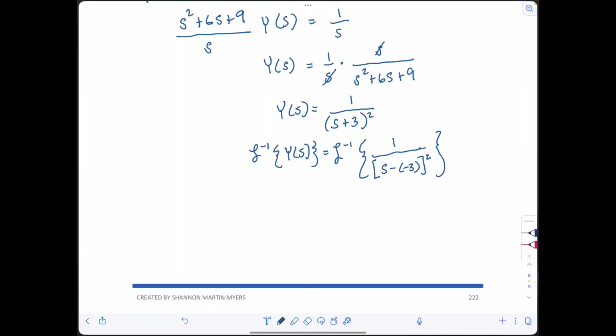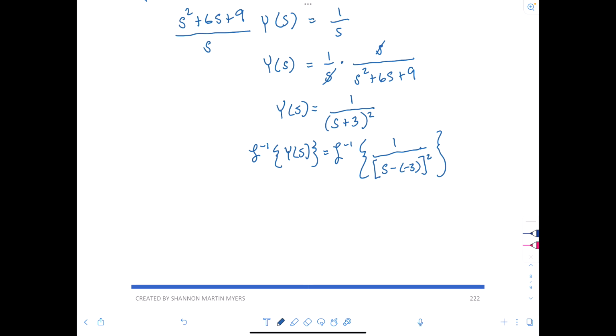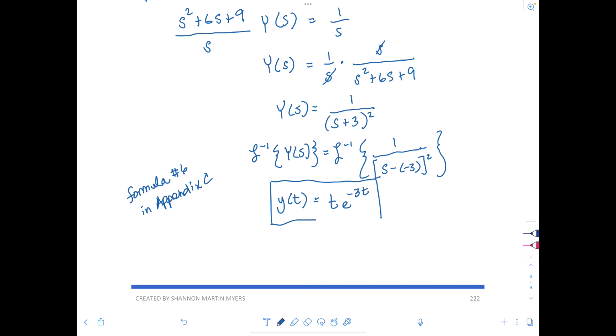So then we'll come back over and we'll say y(t) is equal to t e to then a, which is negative 3t. And we're all done. And that was formula number 16 in Appendix C. Cool, cool? All right, and we're all set.